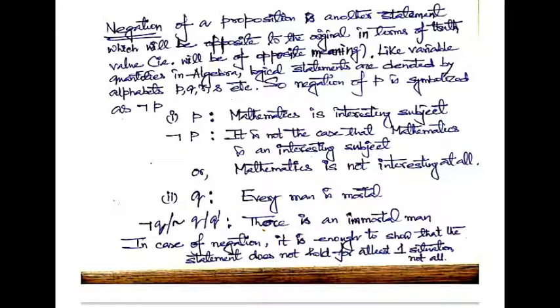Its negation will be: it's not the case that mathematics is an interesting subject, or in other words, mathematics is not interesting at all. For a second example, suppose q expresses the statement every man is mortal. Its negation will be there is an immortal man. So in the case of negation, it's enough to show that the statement does not hold for at least one situation.